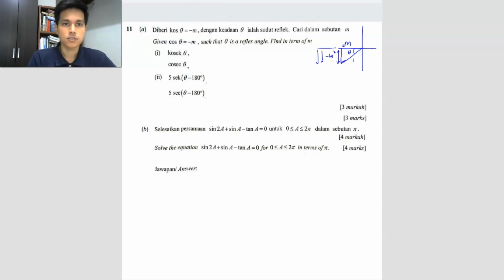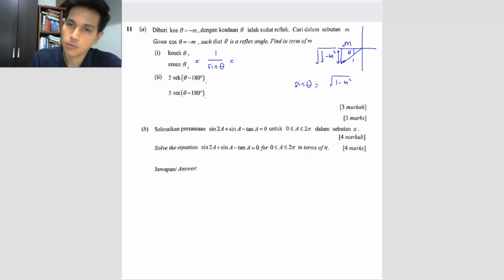Now the question is asking for cosecant. Cosecant is going to be 1 over sine theta. Sine is what? If I use this angle here, sine is opposite over hypotenuse, which is the square root of 1 minus m squared over 1.